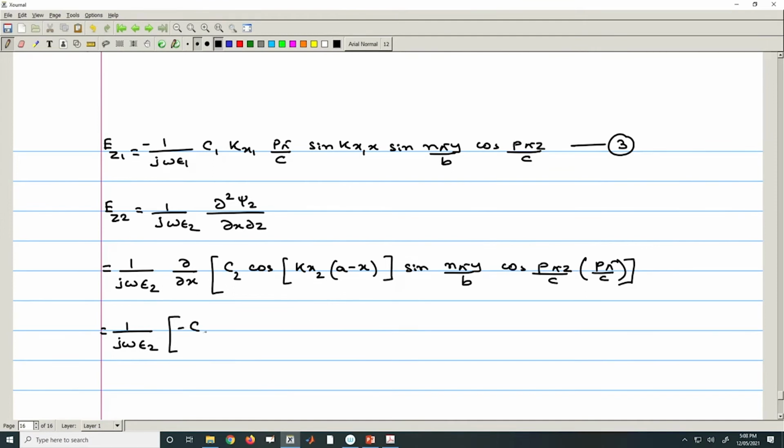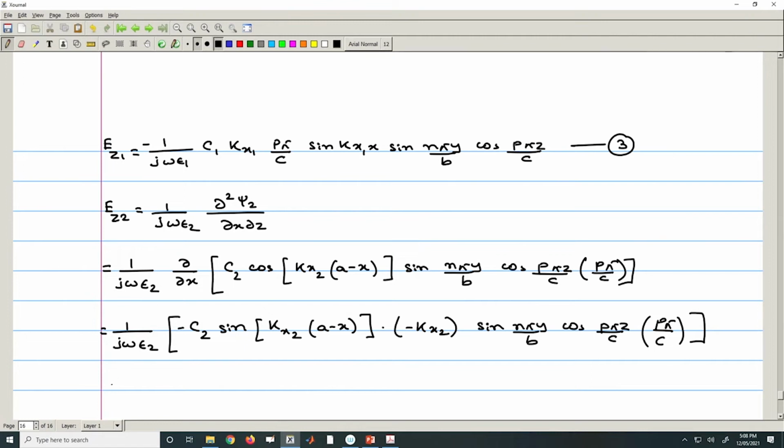So minus C2 sine of kx2(a − x), minus of kx2 for complete differentiation, and then we have sine of nπy upon b cos of pπz upon c, and then pπ upon c.